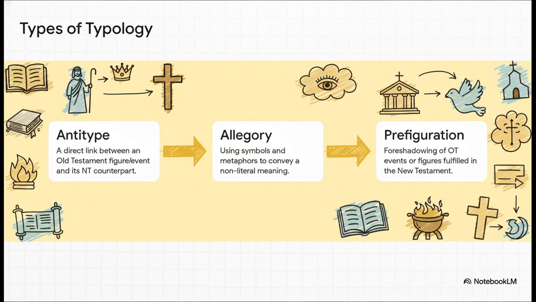An Old Testament type has a corresponding New Testament antitype. Simple as that. Next is allegory, which is more symbolic. It's about looking beneath the surface of the literal story to find a deeper, more metaphorical link. And finally, there's prefiguration. This is your classic foreshadowing, where an event or a person in the Old Testament is basically setting the stage for what's seen as its ultimate fulfillment in the New.